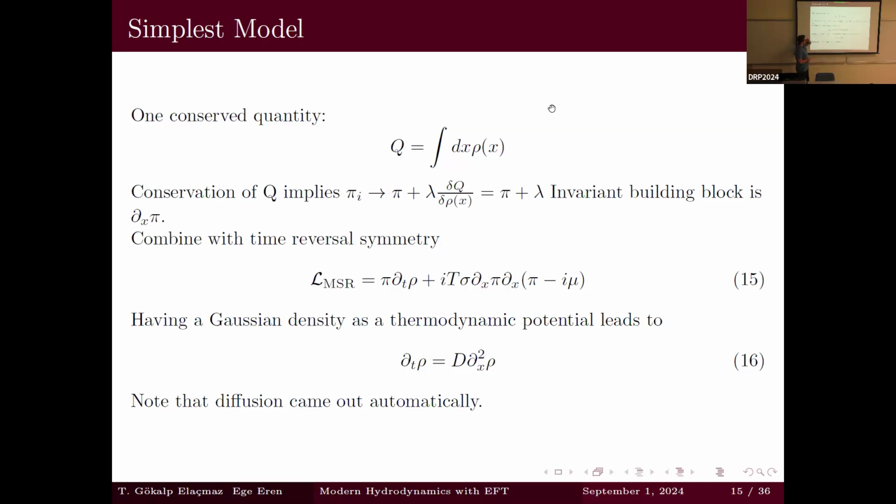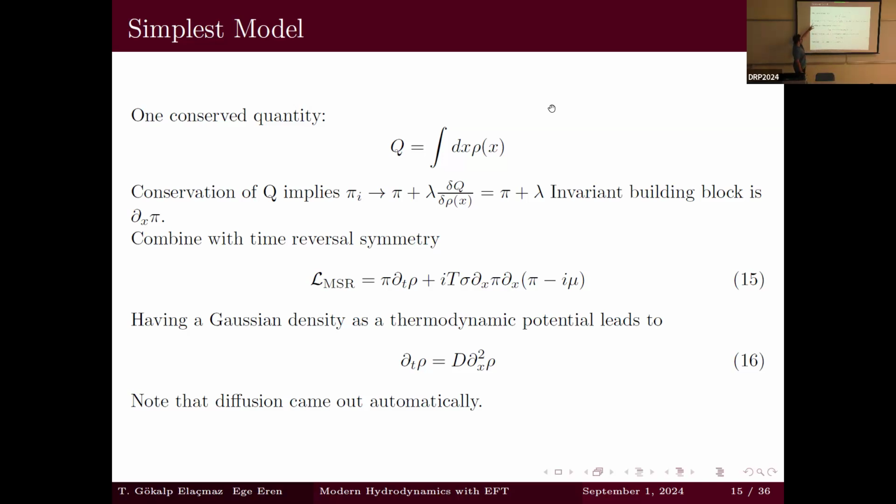We define Q to be charge or mass, which has a density defined to be rho. And conservation of Q immediately implies, taking the derivative of this, that pi plus lambda. In order to build an invariant building block from this, we need to have that lambda disappearing.